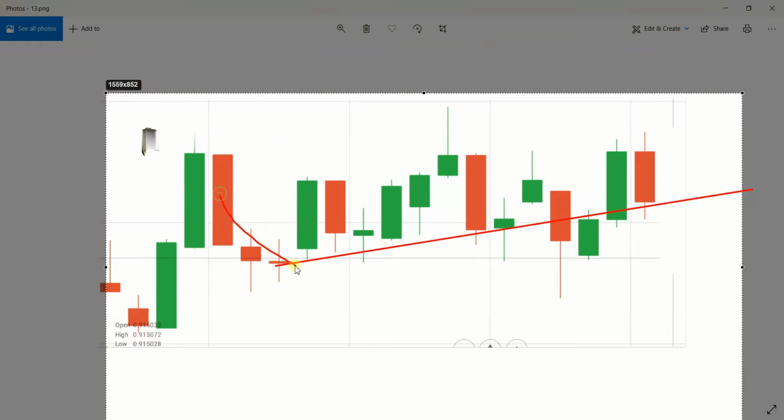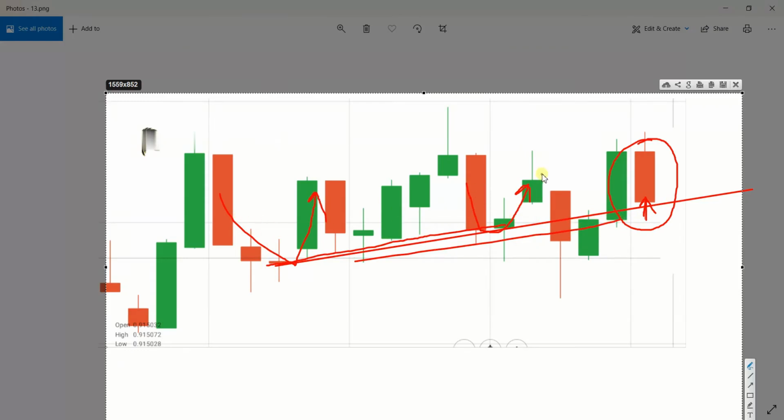The market closes at the level, there is a buyer's entry. Again it closed at the level, there is a buyer's entry, and now again the market is at the level, there is a rejection. You can see this level, this trend line here, it is working. You can see the buyer's entry from this level, and again the market is at the level with a rejection.